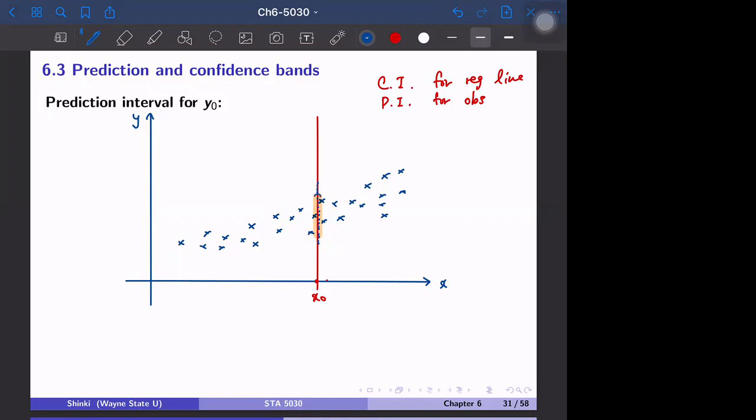In such a case, we say this interval is a 95% prediction interval. So this is kind of the error band in the usual sense: 95% of observations fall in this range if x is equal to x naught.